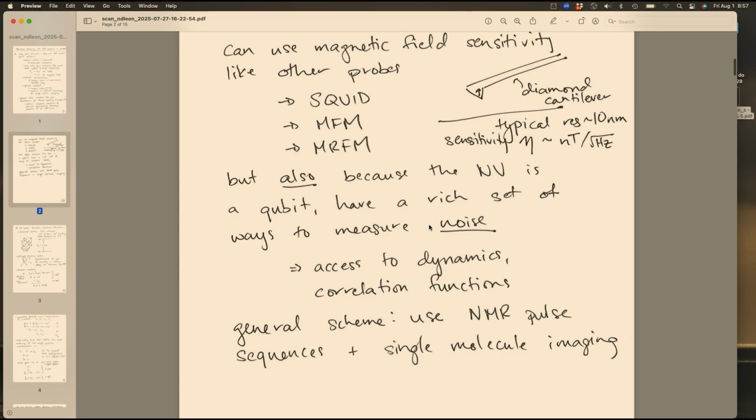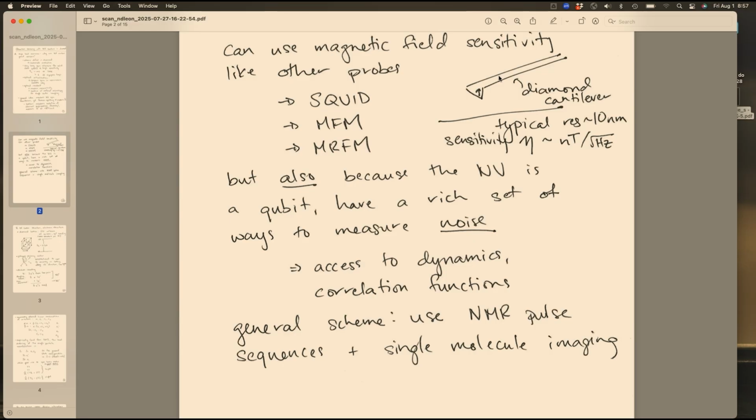But I would make the argument that these experiments are really nice, but there's actually an entire other universe that is a little bit less explored, which is that because this NV center is a qubit, we now have a rich set of tools to be able to use this NV center to measure fields where the mean value is 0. Okay, so noise.